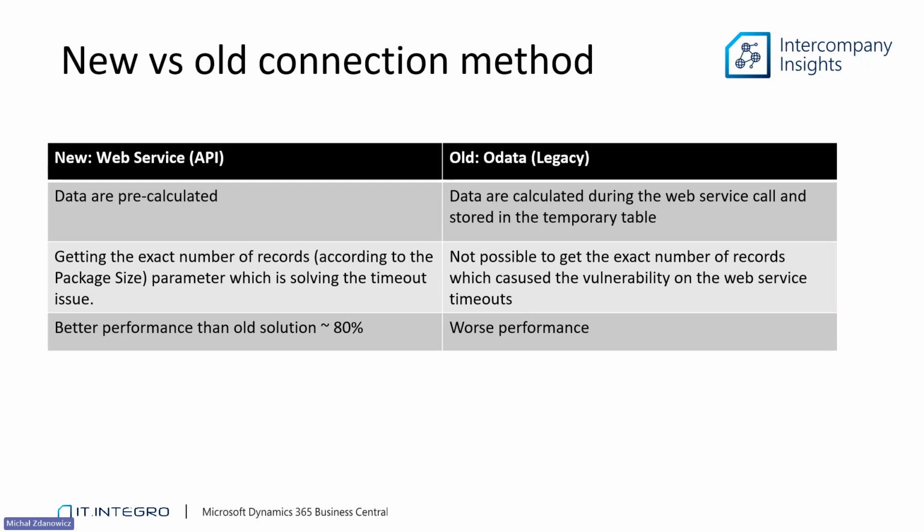Because in the old legacy communication method, it was not possible to get the exact number of records. It was not possible because we just had the field number of items in the message package, which I mentioned before will be obsolete and deleted, where you could tell the system, okay, get me the inventory data for 300 items. But when you're asking for the data for 300 items, you don't know how many records will be downloaded, because for these 300 items, you might have 10,000 records to download.